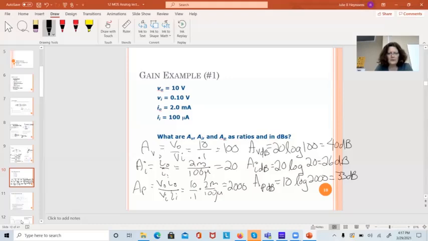Something else important I wanted to say here. Oh yeah, AV, it's dimensionless because I'm taking volts and dividing it by volts, but a lot of times engineers stick in the units volts per volt just to remind people that it's a voltage gain I'm talking about, and AI, amps per amp, and AP is watts per watt.